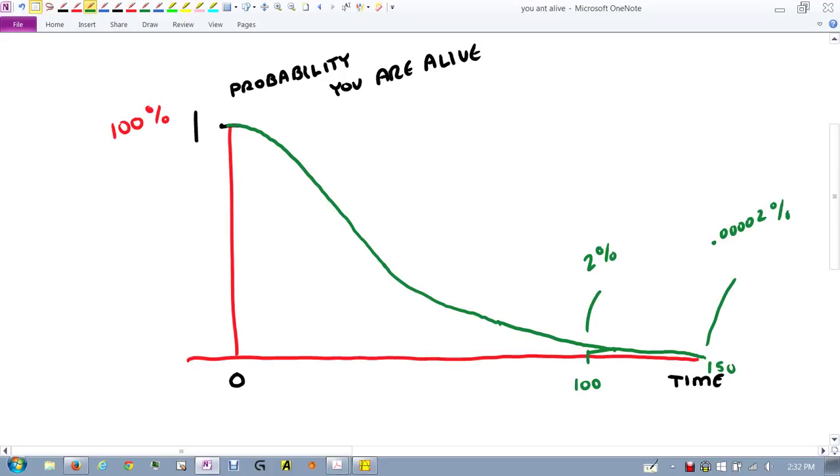If you believe that the Earth has been here for a couple of billion years, then you could argue that the sun has come up 4 billion years' worth of days, that many times, right? Does that mean the sun's going to come up tomorrow? Just because something continues to happen does not automatically guarantee the next thing's going to happen. So even though no one's lived to be 150, it could happen.